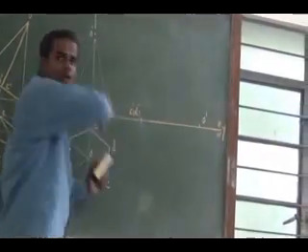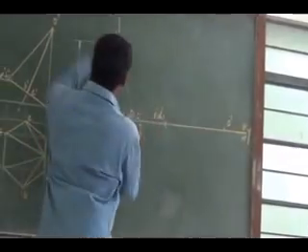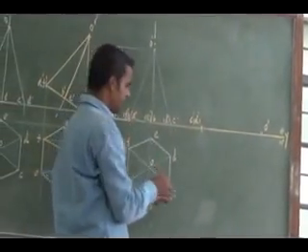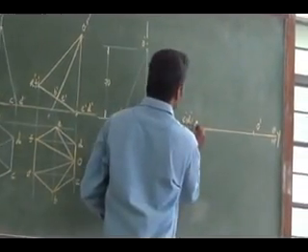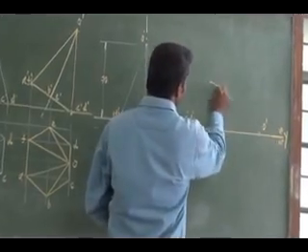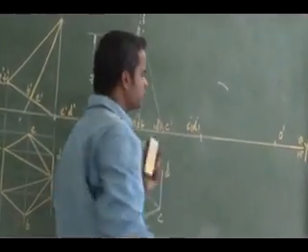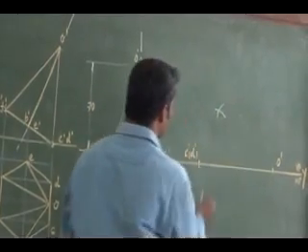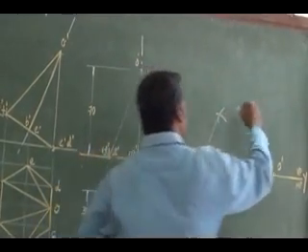Then the same way I can redraw it. From CD to A, what is the distance, I can measure it and get an R. From O to A, what is the distance, I can measure it and get an R. So using that I can redraw this.